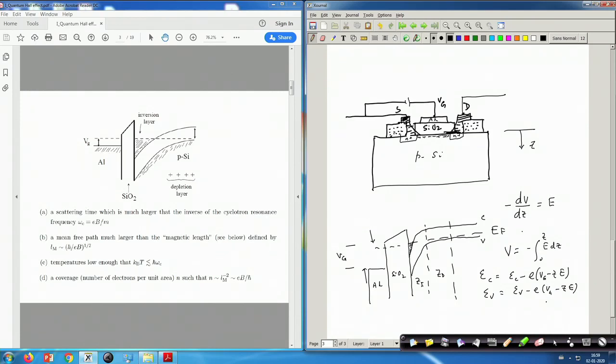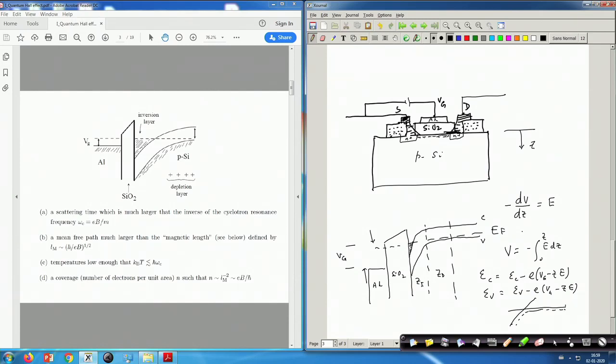So, that means there is a change proportional to Z. Whatever potential was there, suppose this was the potential, and now you apply another one which is like this. So, the net effect is a potential like this.